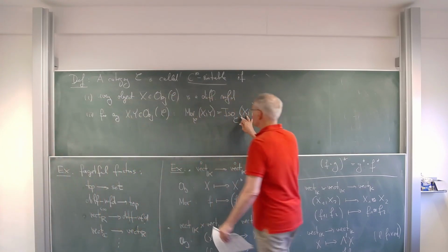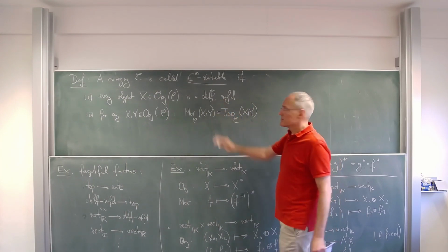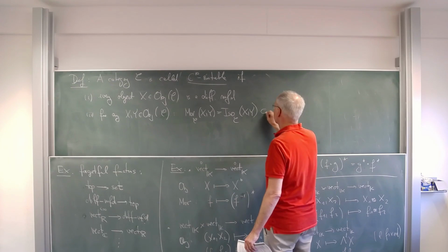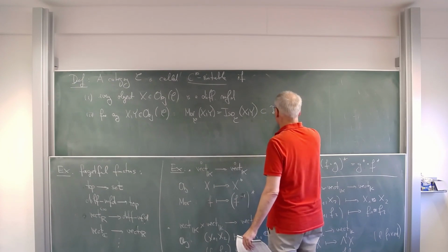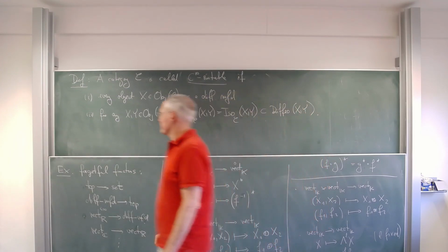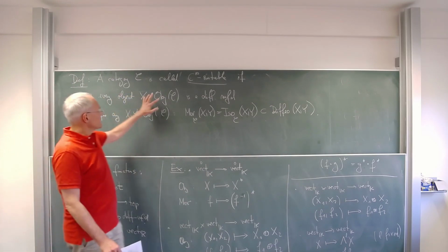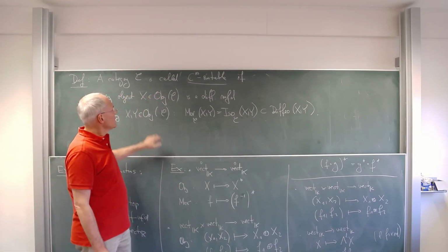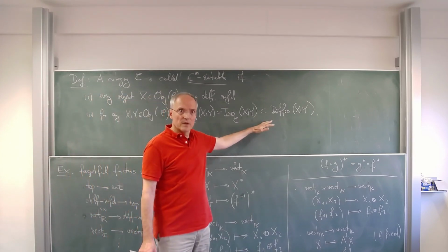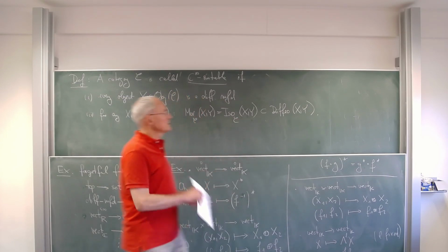Plus, these morphisms are in fact diffeomorphisms of differentiable manifolds. So there are two things. I have a forgetful functor from my category to the category of differentiable manifolds, meaning that all objects carry the structure of a differentiable manifold, and all morphisms are smooth. Plus, I want to have that all morphisms are invertible.